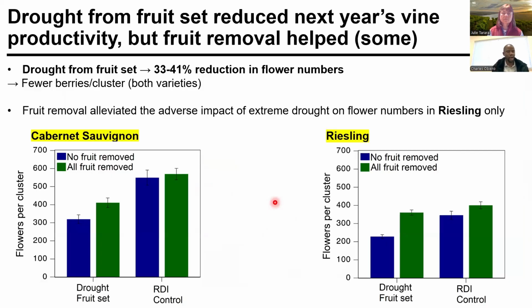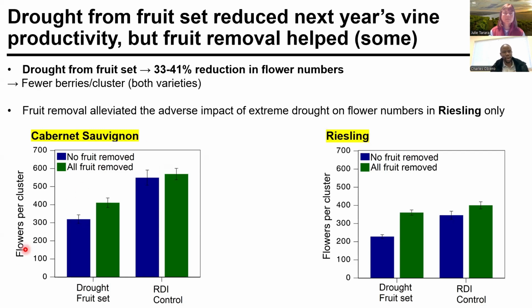What we found was that drought from fruit set actually reduced the next year's productivity. There was about a 33 to 41% reduction in flower numbers. So we have a lasting impact of this drought, even into the next year when we have returned the water.